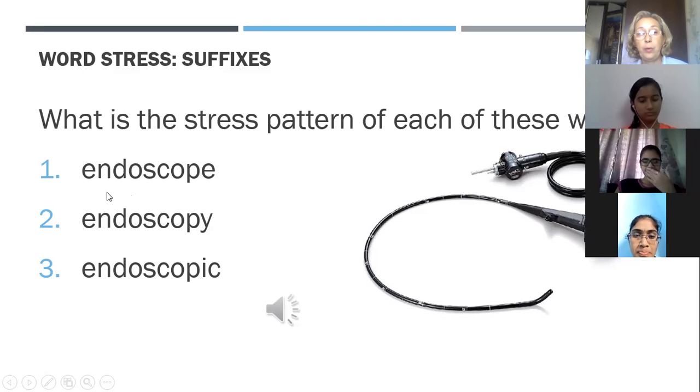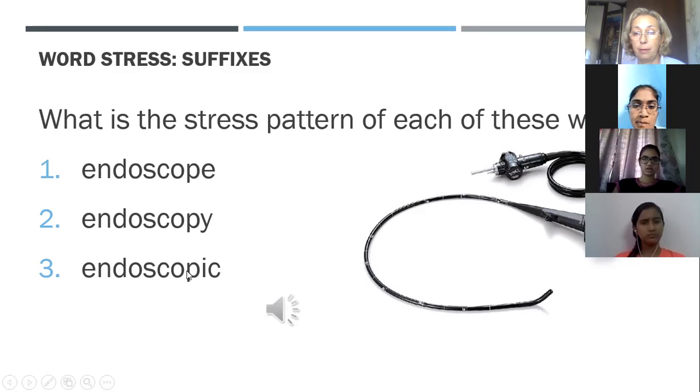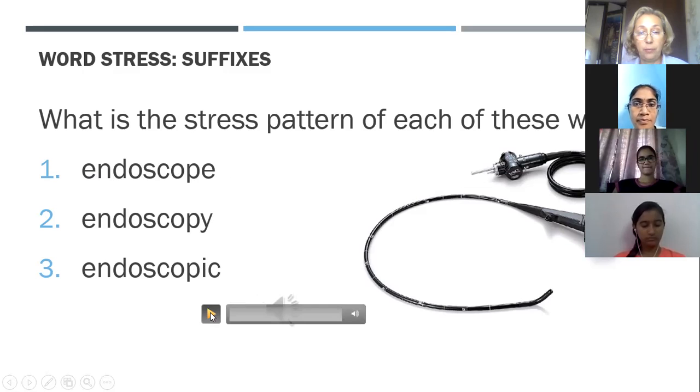When we pronounce these words, the stress moves, and we should understand which syllable is stressed in each of these terms. Does anyone have an idea about the stress in the words? Who can read them? Okay, let us listen to the pronunciation and analyze the stress.